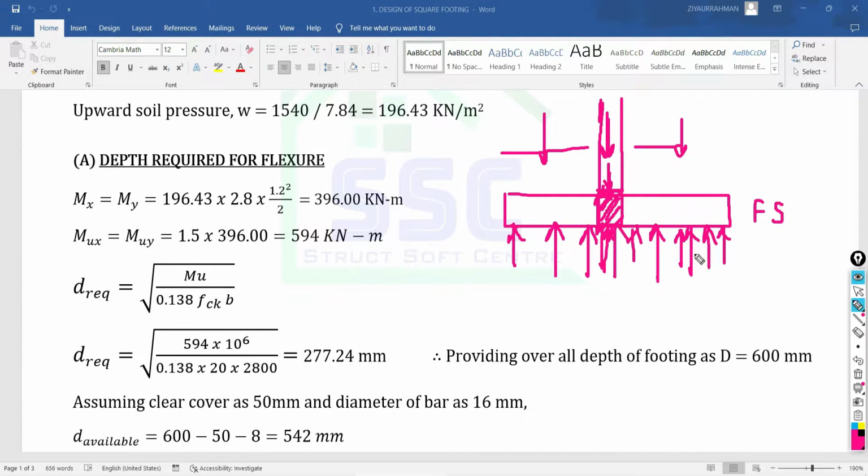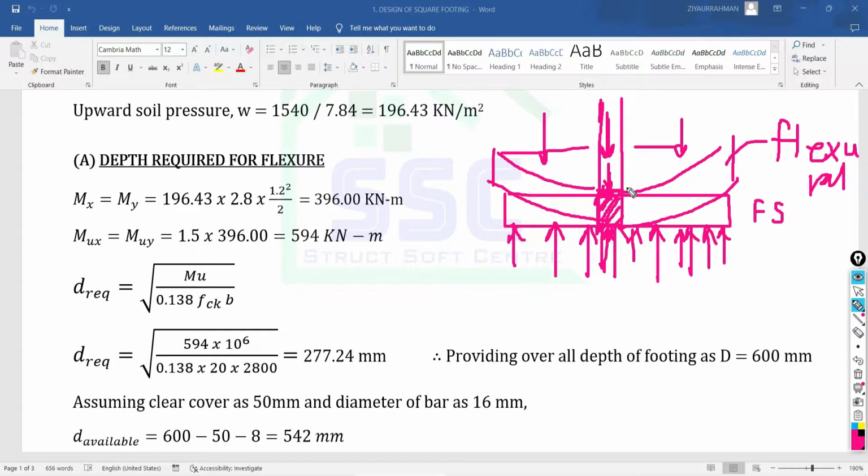Due to this upward action, this projected part of the footing is going to be deformed like this. It is going to be deformed like this, and like this. And this response of the structure under the application of the loading and reaction, we are going to call as the flexural behavior of this footing.